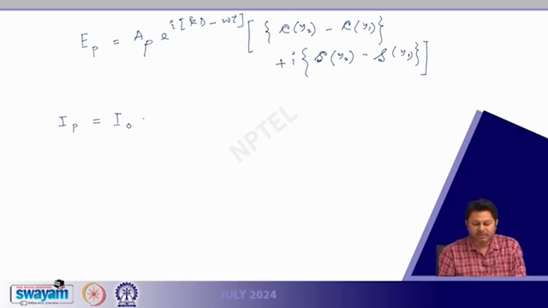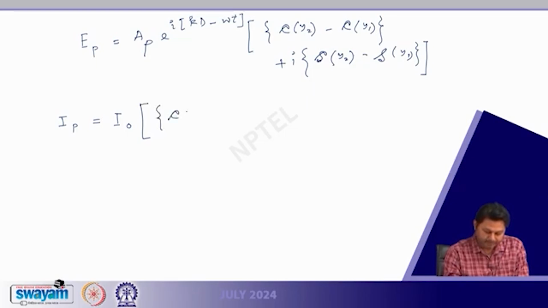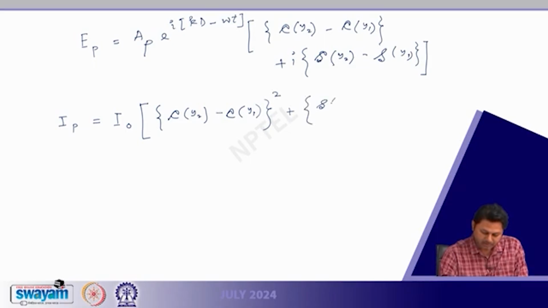So, when I take mod of this square, then the exponential term will go away, and essentially what we have is this: C of y2 minus C of y1, square of that, plus S of y2 minus S of y1, square of that, bracket close.